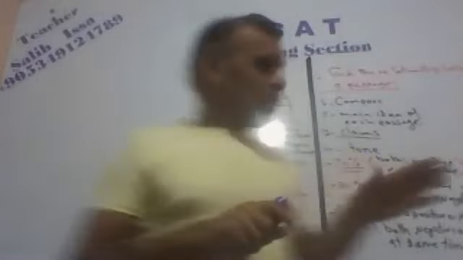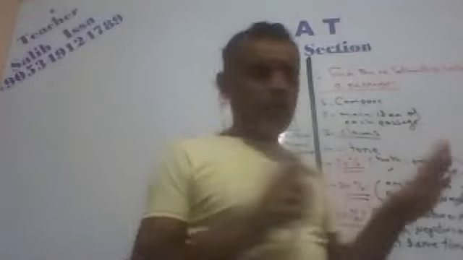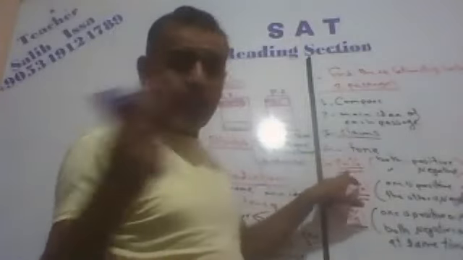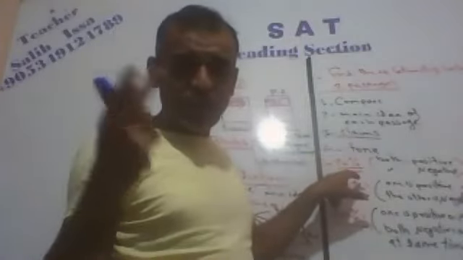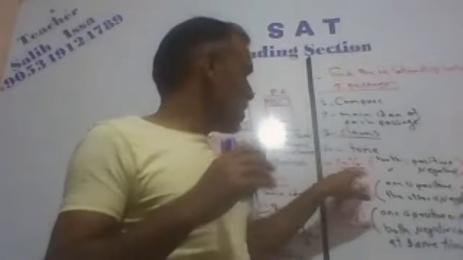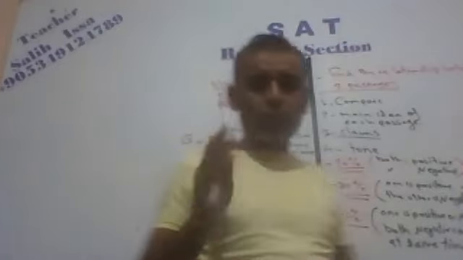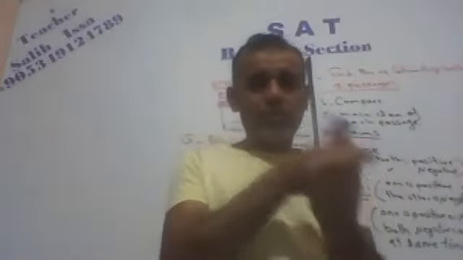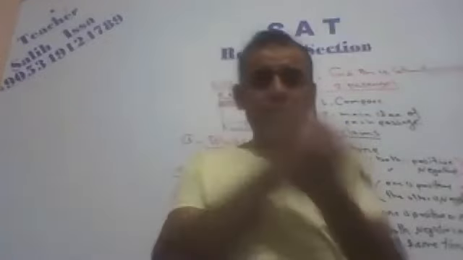Today I am talking about the paired passage. The tone of the passage: 20%, it's very low, is both positive or both negative. Both passages, first passage positive, second positive, or first negative, second negative.